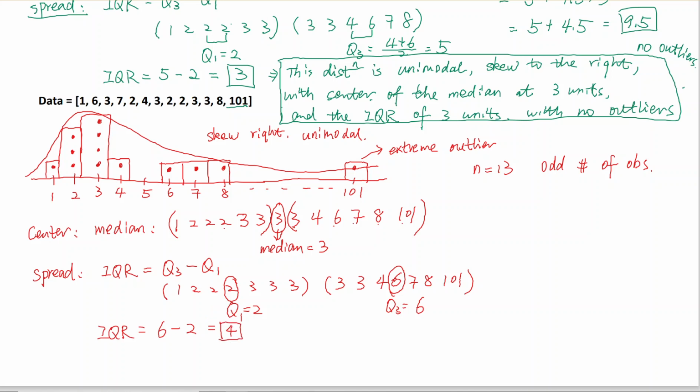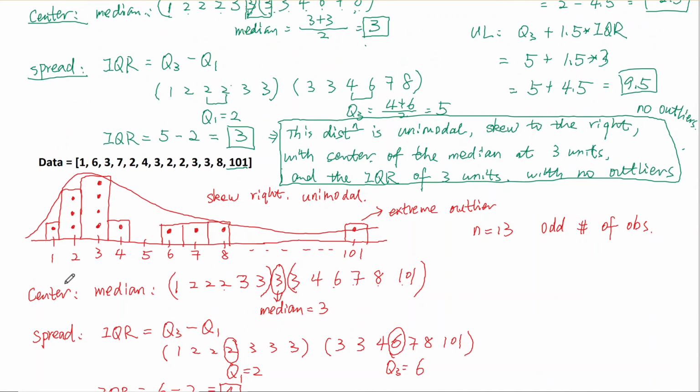All right, so from here you can see that even if we have an extreme outlier here, to describe the spread or the center, it will not be affected a lot. Because the median and the IQR are both resistant to outliers, right? They will not be affected a lot by the outliers. So the median will still be 3.